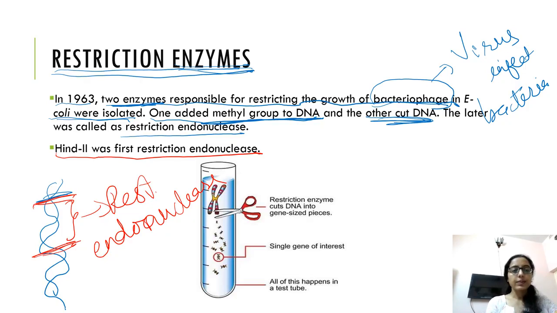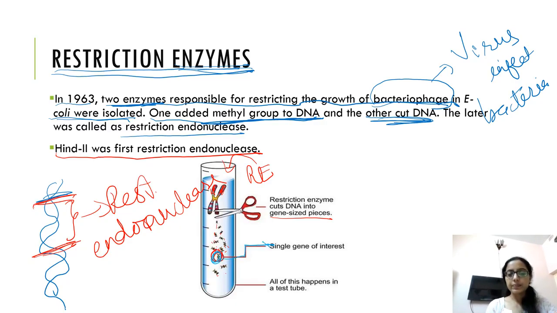See here, a restriction enzyme cuts the DNA into gene-size pieces. This is the full DNA. If we introduce restriction endonuclease, in short RE, then this DNA is cut into small pieces. Suppose out of these cut pieces, this is the one which we require.